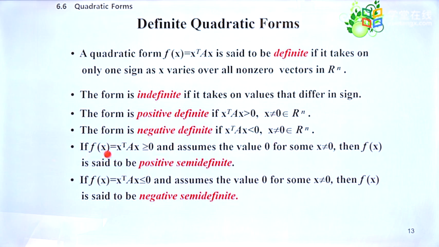And if f(x) equals x transpose times A times x is greater than or equal to 0 and assumes the value 0 for some non-zero vector x, then f(x) is said to be positive semi-definite.